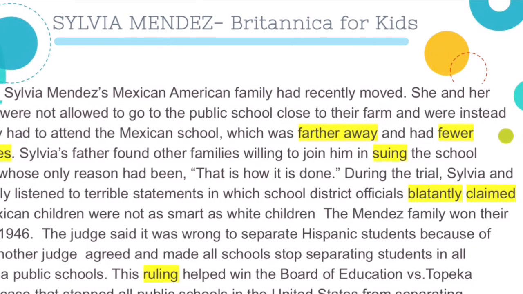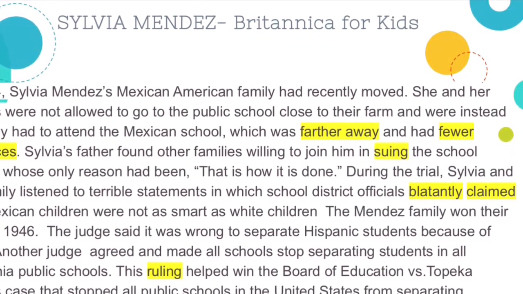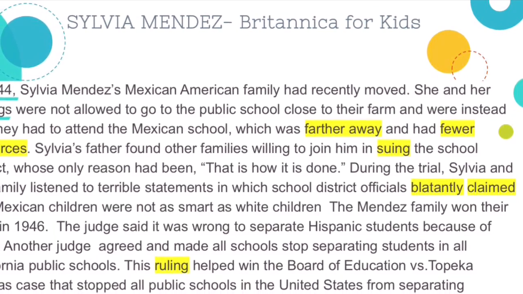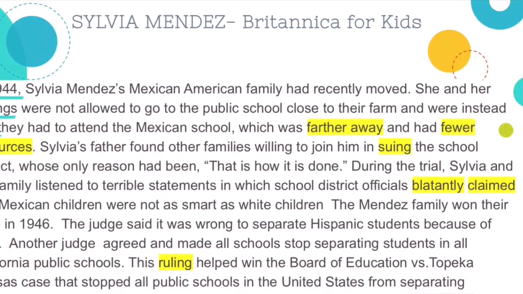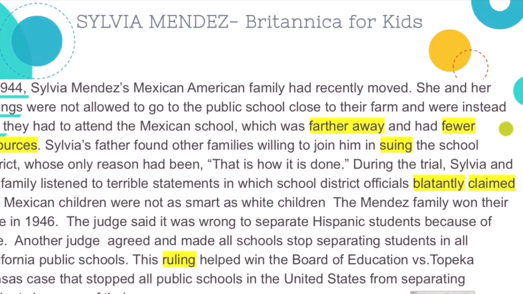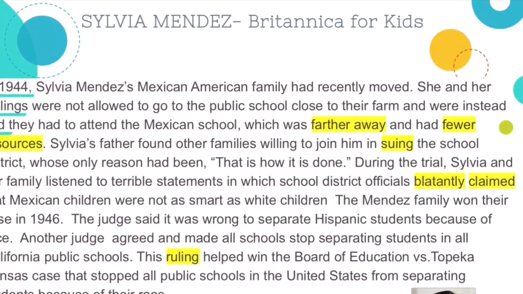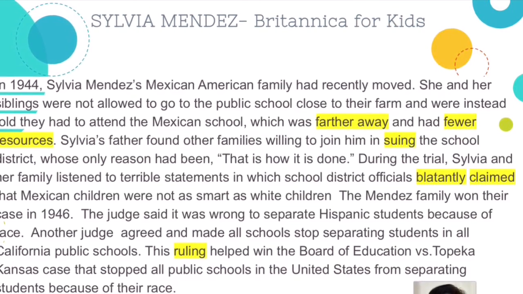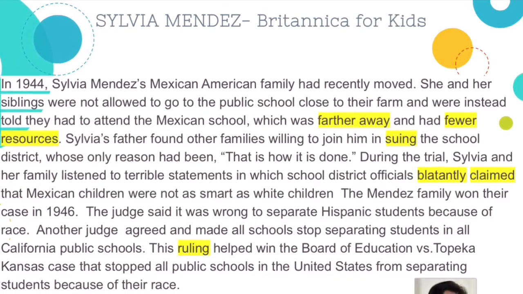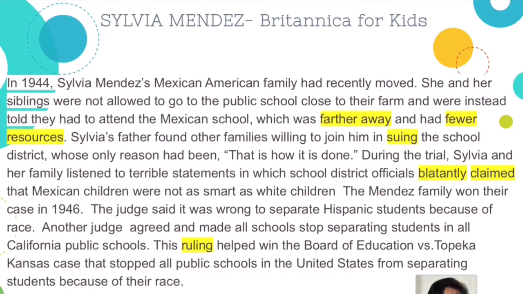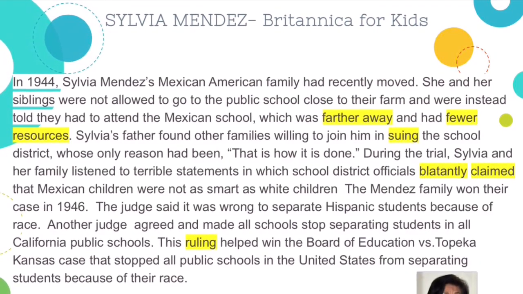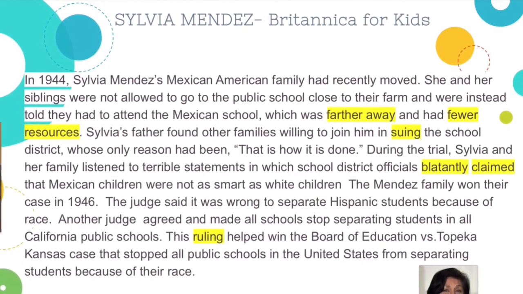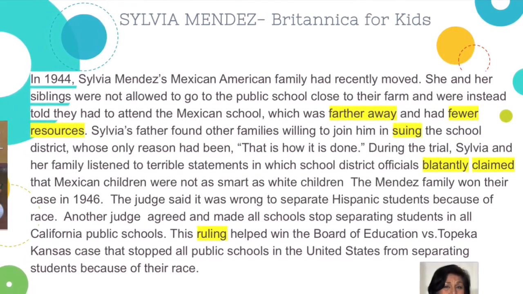Sylvia Mendez, from Britannica for Kids. In 1944, Sylvia Mendez's Mexican-American family had recently moved. She and her siblings were not allowed to go to the public school close to the farm and were instead told they had to attend the Mexican school, which was further away and had fewer resources. Sylvia's father found other families willing to join him in suing the school district, whose only reason had been, "That is how it is done." During the trial, Sylvia and her family listened to terrible statements in which school district officials blatantly claimed that Mexican children were not as smart as white children.